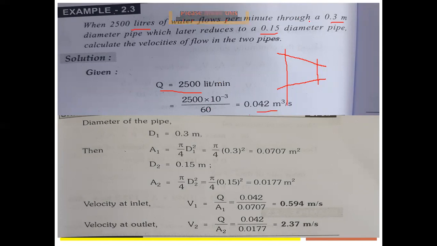The diameter of the pipe D1 is 0.3 meters, and the diameter of the reducing pipe D2 is 0.15 meters. Since it is a circular pipe, we calculate area A1 equals pi by 4 D1 square, that is 0.0707, and A2 equals pi by 4 D2 square, that is 0.0177.